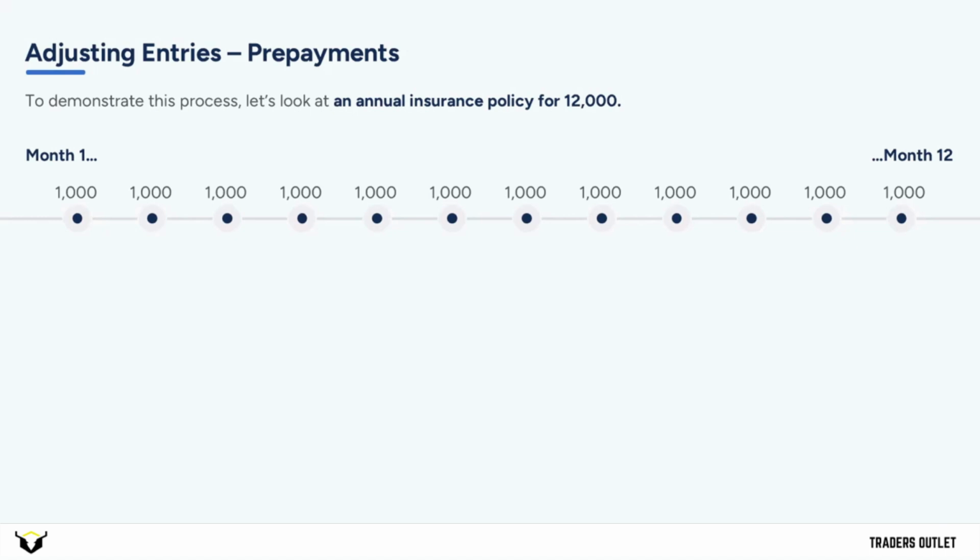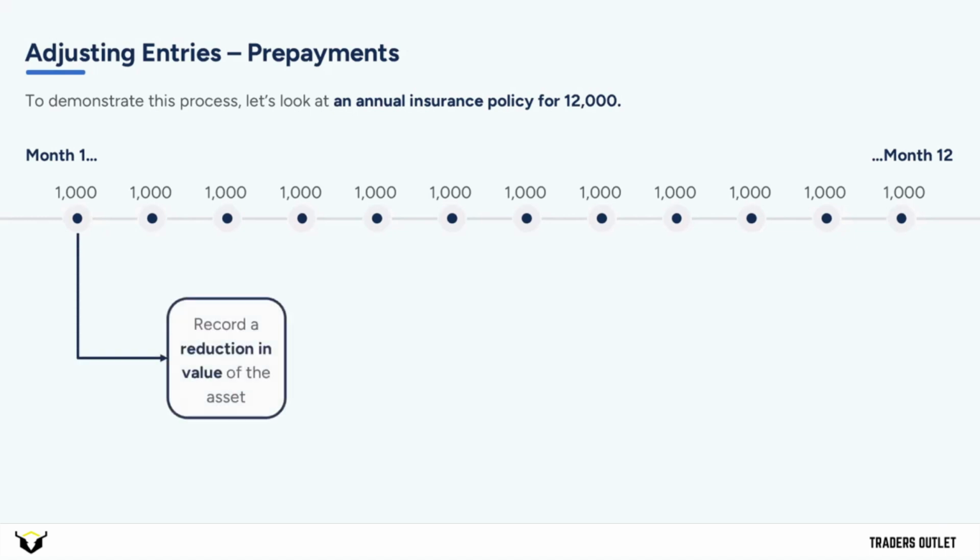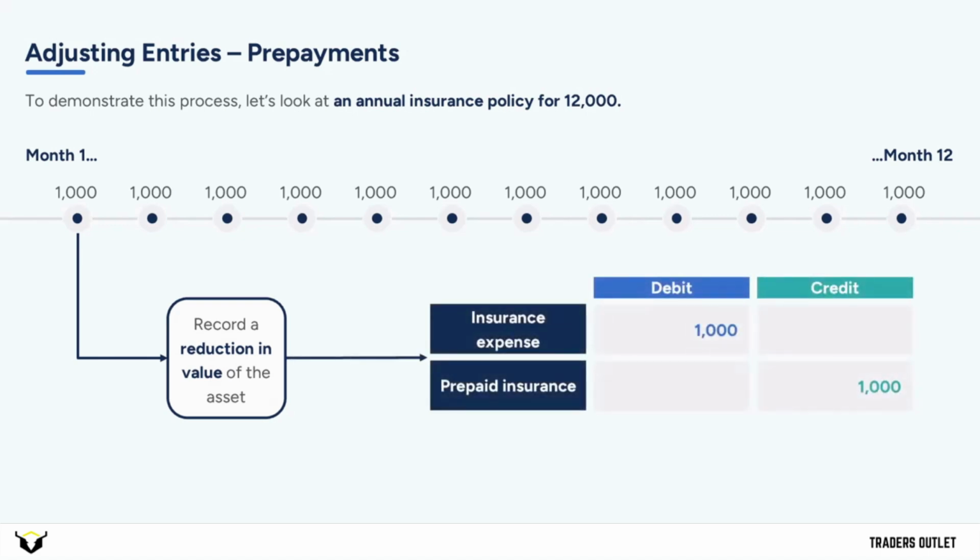Now, as each month goes by, a portion of that insurance policy expires and can no longer be considered an asset. To account for this, we need to record the expired amount as an expense for that month. This is done by debiting the insurance expense and crediting the prepaid insurance account.